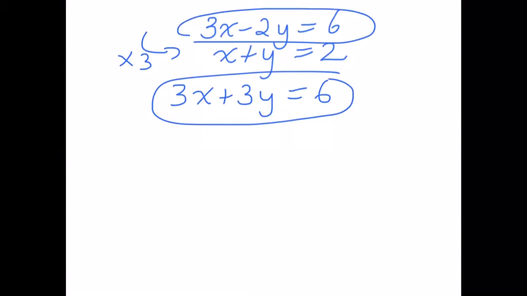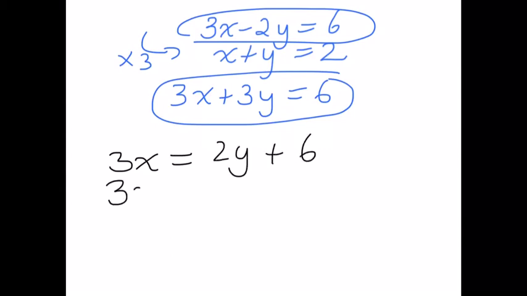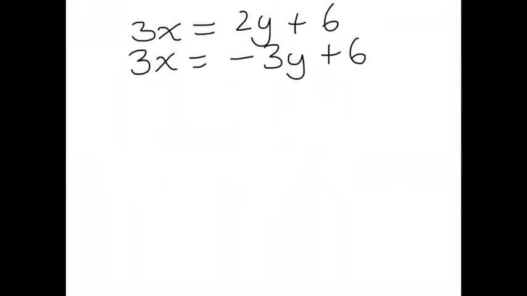So now what I'd like to do is get the equal terms isolated. So 3x in the first equation equals 2y plus 6, and 3x in the second equation equals, bring this over, it becomes negative, and the 6 is still there, and it's already positive. All right, so the next step is then to say if a equals b, we've talked about this before, and a equals c, therefore b equals c.